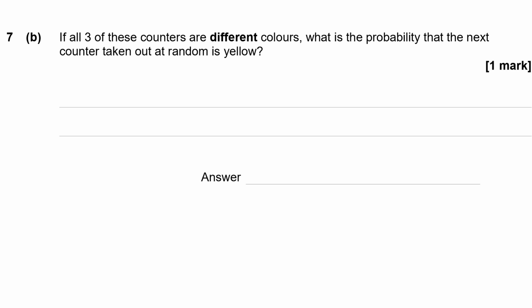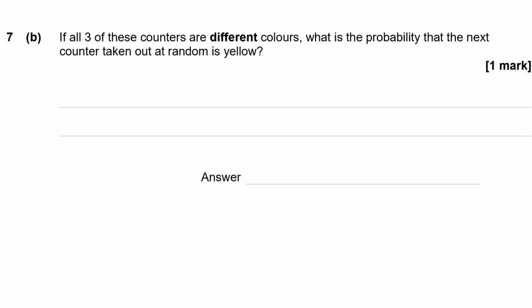If all 3 of these counters are different colours, what is the probability that the next counter taken out of the bag is yellow? So if all 3 of these counters are different colours, that means you must have 1 red, 1 blue, 1 yellow. And in one order or another, doesn't really matter.